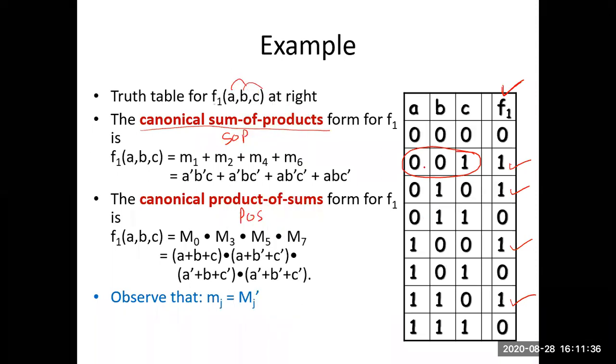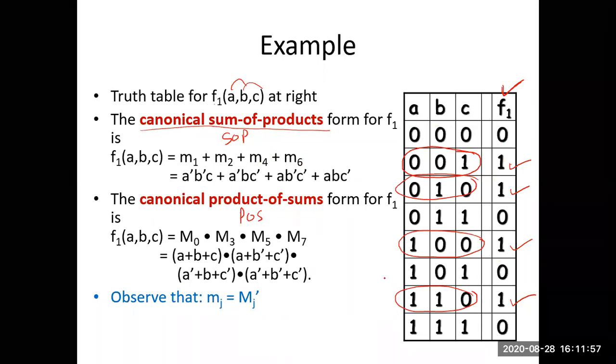These are four combinations for my f1 equal to 1, all possible combinations of ABC where f1 is 1.